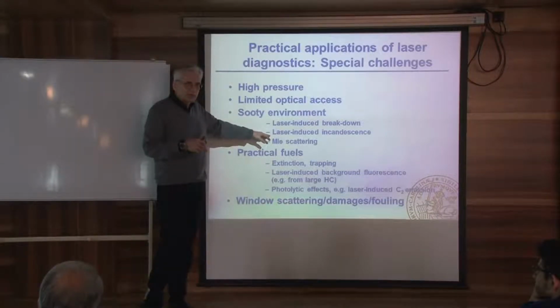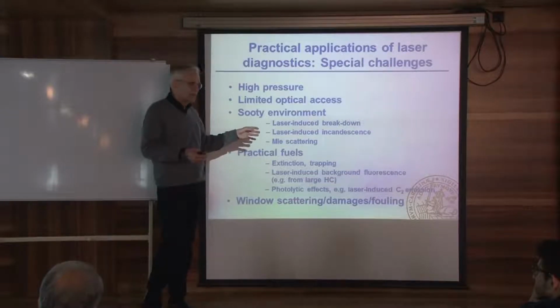That's of course very important when you study soot. But if you want to study other species, then of course the laser-induced incandescence will be a background. And that background will be on a time scale where our fluorescence is. So we can't gate it. And then we have a problem.